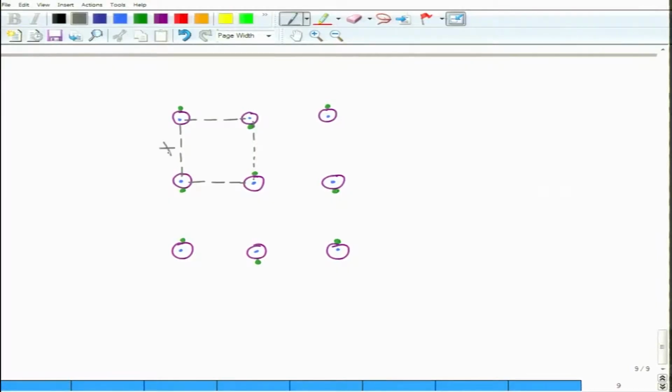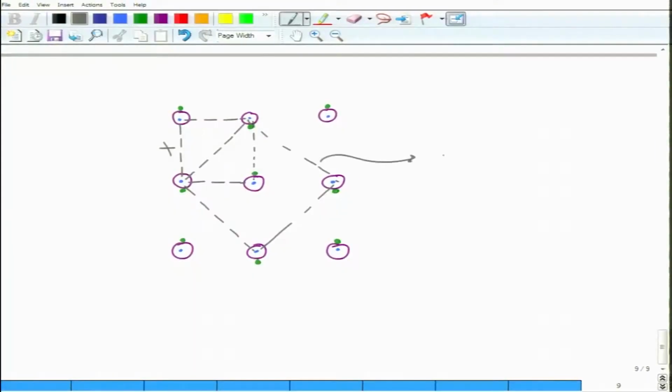So, this is not. Sorry about the straightness, it is not very straight here. What about this? It is. So, now this is the smallest unit cell, which means this is the primitive lattice.